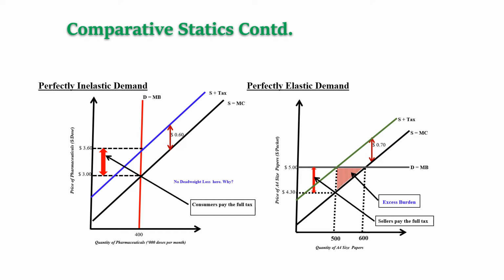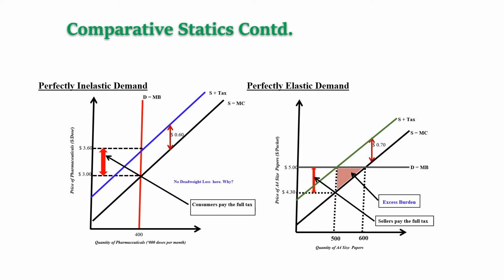An excess burden. In this particular case, the sellers are going to pay the full amount of the tax, because if there is a tax imposition, sales will drop by a very big amount as a result of the tax.